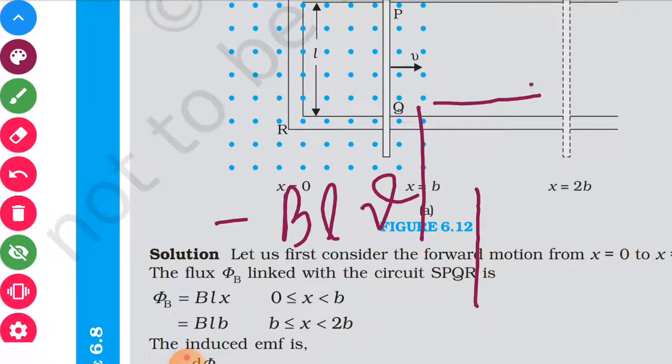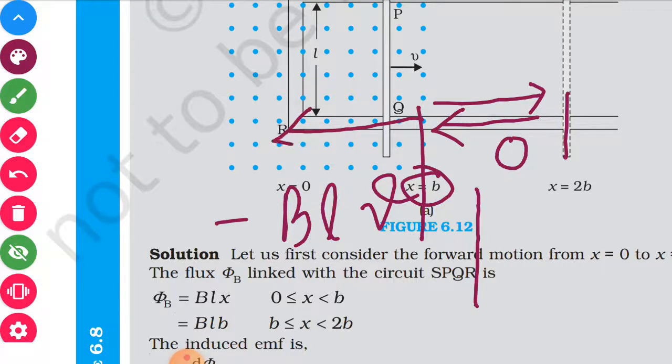Now when you go out, no magnetic field, so electromotive force is 0. Then again you come back to x is equal to b, again no magnetic field, so the electromotive force is 0.